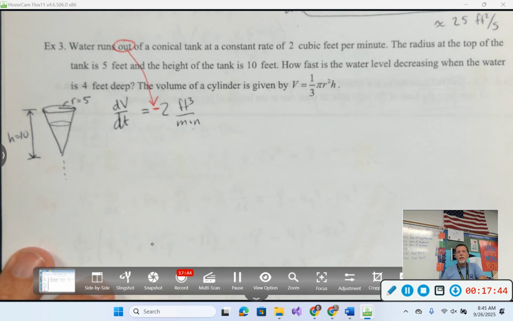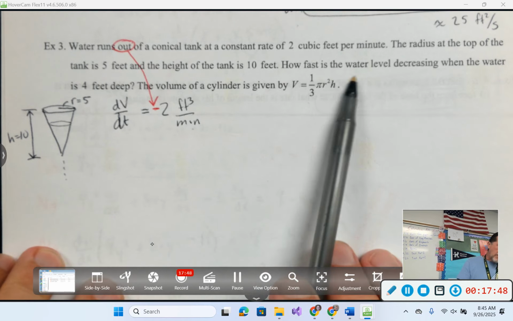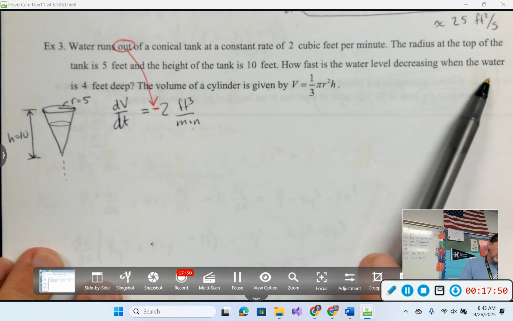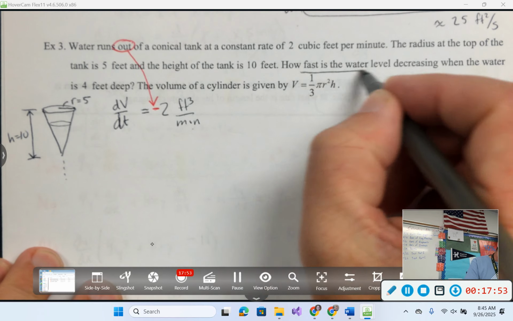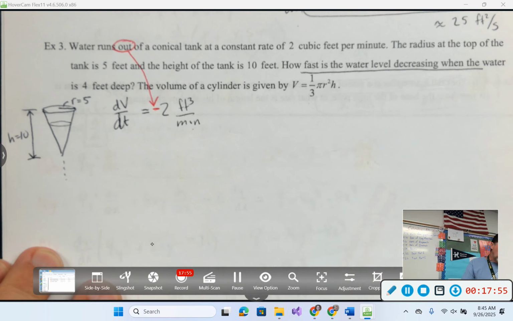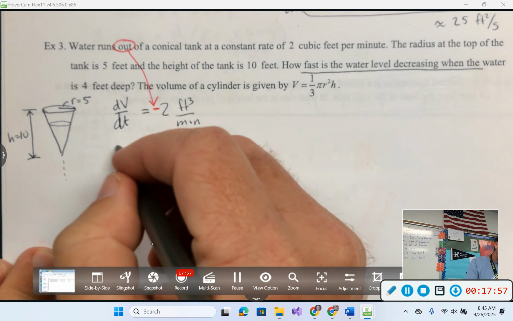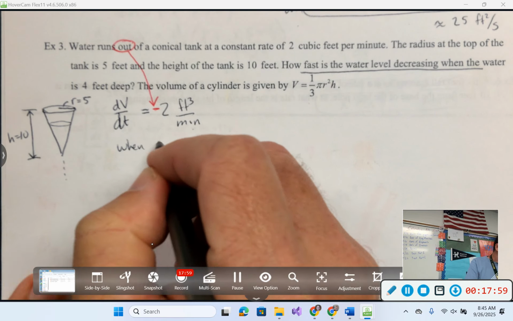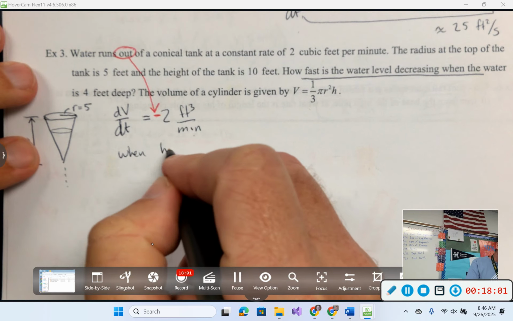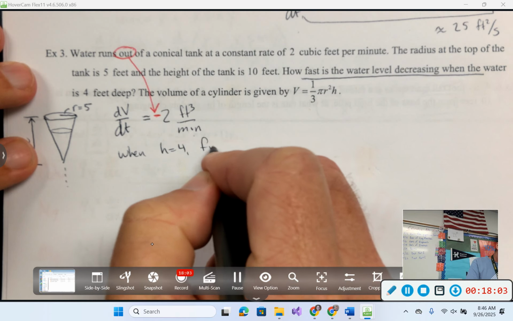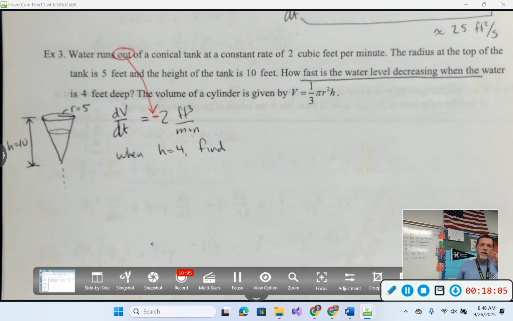That's dangerous, but if everything's in feet, I'll be okay. How fast is the water level decreasing when the water is 4 feet deep? So I'll say when h equals 4, find, what am I trying to find?